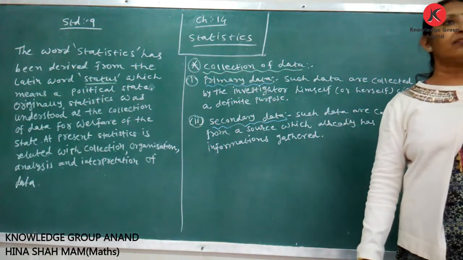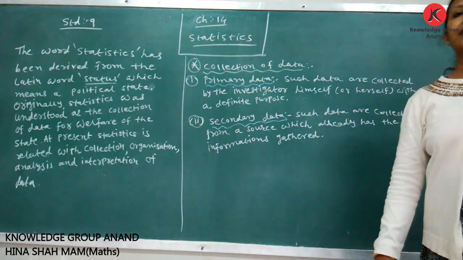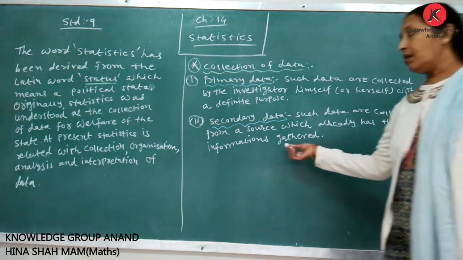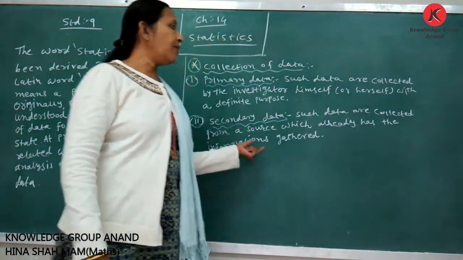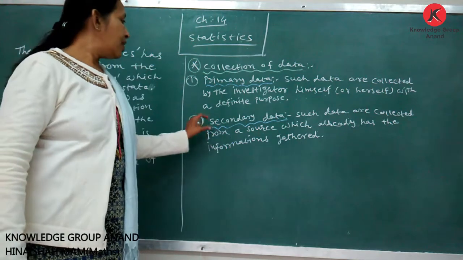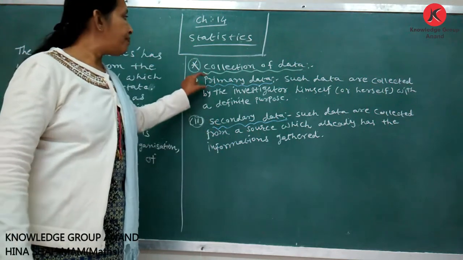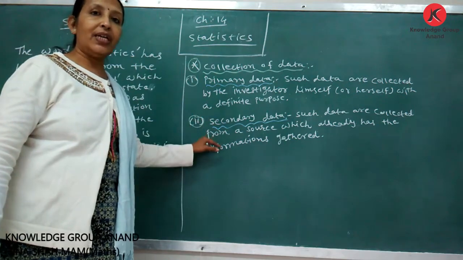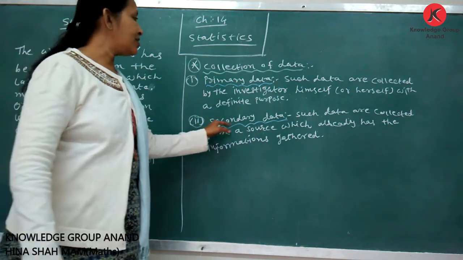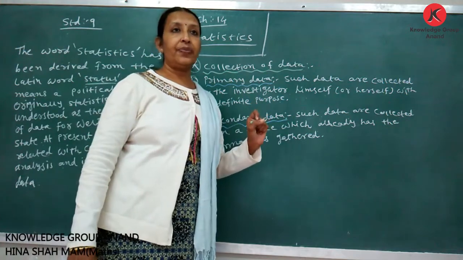Election numbers, such as how many votes elected political leaders received, are not primary data. We know them from TV and media, so it is called secondary data.